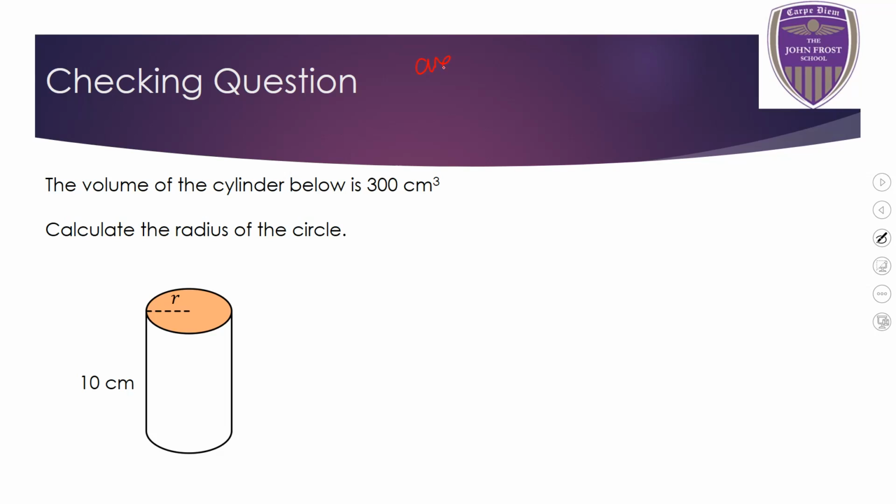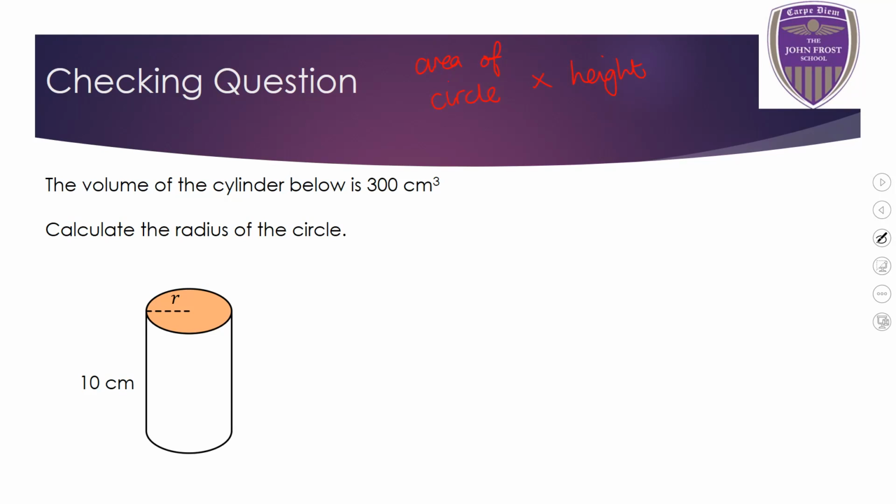So we already know that the volume of this cylinder is always the area of the circle times the height. We know the height in the question is 10. We don't know the area of the circle, but we're smart enough to work it out, no doubt.